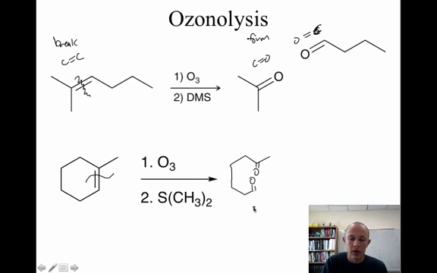carbon-oxygen double bonds. There's a hydrogen here, and so we can also draw this as carbons 1, 2, 3, 4, 5, 6, 7. So if this thing unravels, what would it look like?